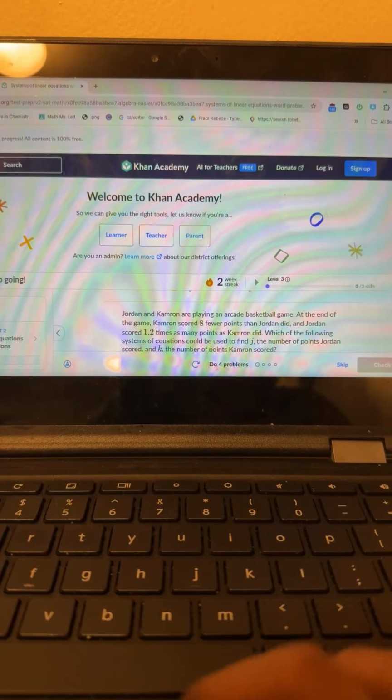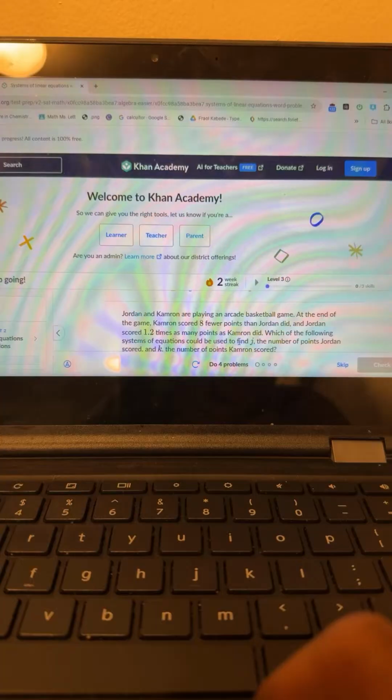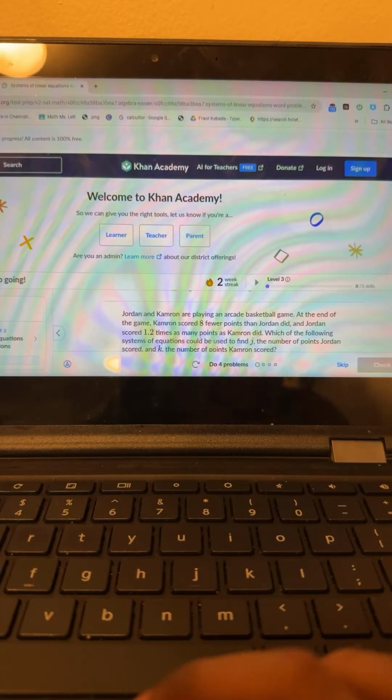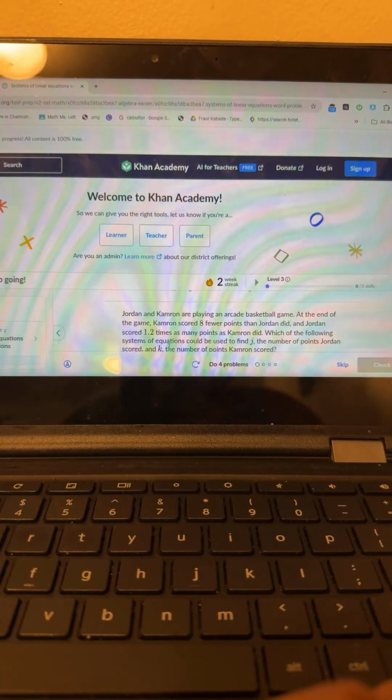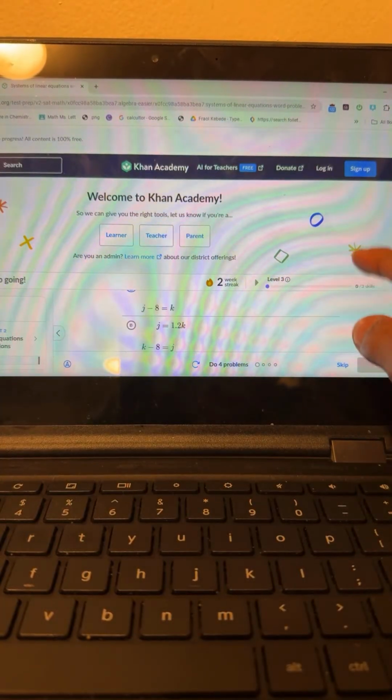Which of the following systems of equations could be used to find J, the number of points Jordan scored, and K, the number Carmen scored? J equals 1.2J.